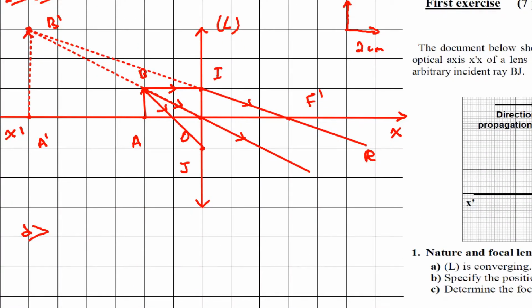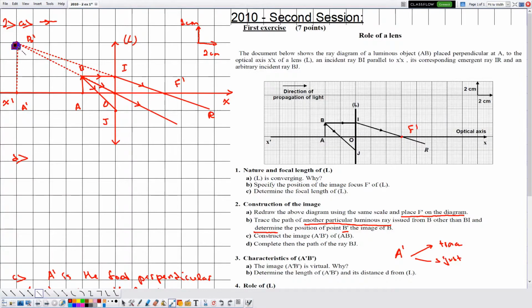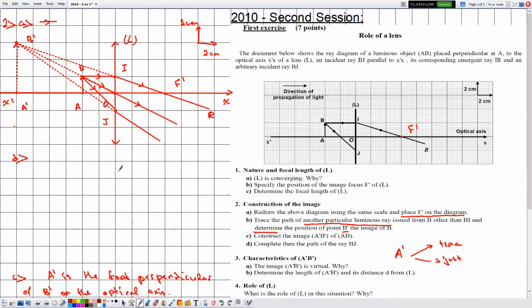So if we connect B prime with the point J, to be dotted, the emergent ray corresponding to this incident ray will emerge as if coming from B prime like this. And we don't forget arrows on light rays that indicate the direction of propagation of light. Now let's do the justification.